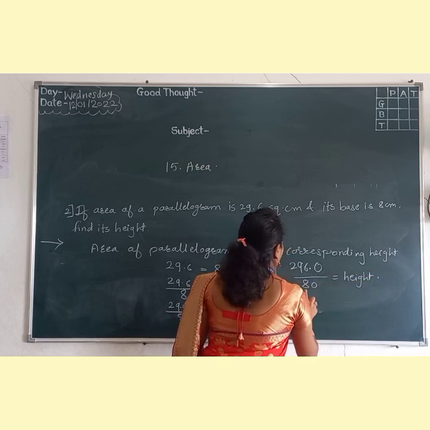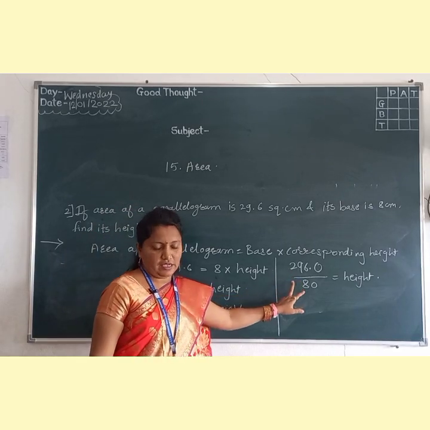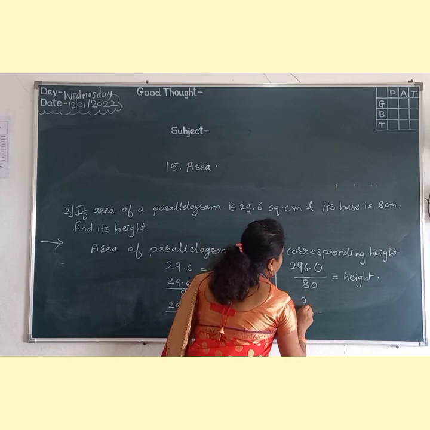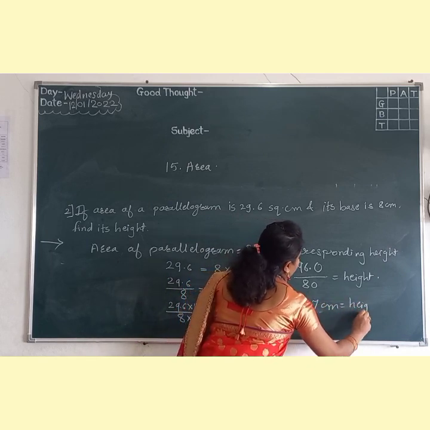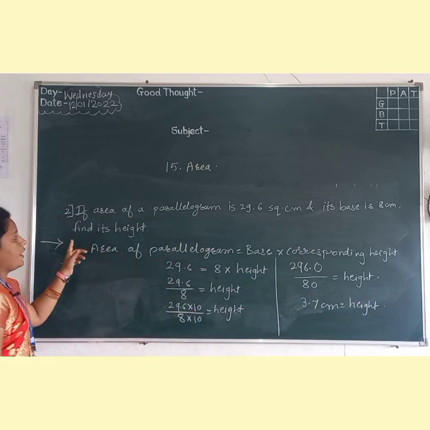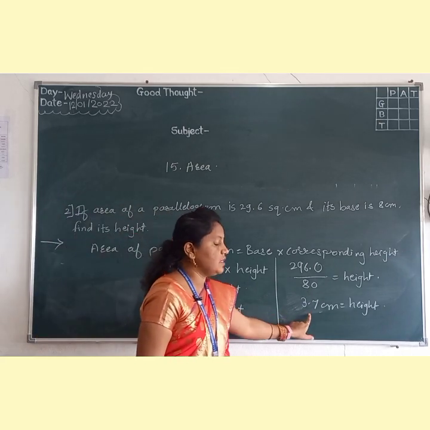You divide 296 by 80, and the division is equal to 3.7 centimeter, which is the height. Then you write the height of the parallelogram: it is 3.7 centimeter.